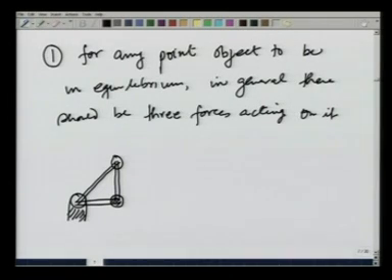Now, you see, this pin joint has 3 forces acting on it, 1 by this member, 1 by this member, and 1 external force. So, this can be in equilibrium. However, this joint and this joint are not acted upon by 3 forces, and therefore, to make these points come under equilibrium, I have to provide more forces.